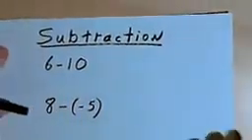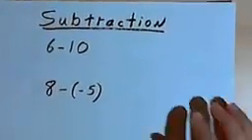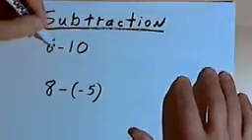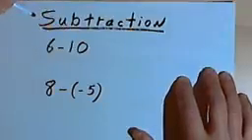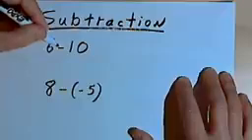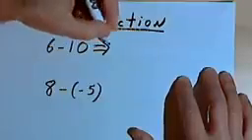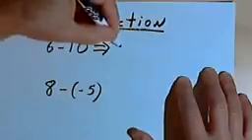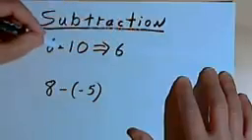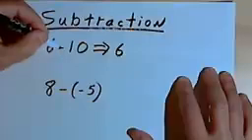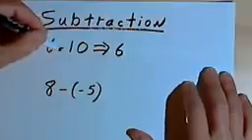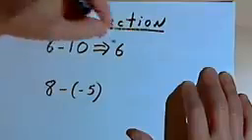Now subtraction is going to be easy once you understand addition. So here I've got 6 minus 10. What I'm going to do with this is turn it into an addition problem. Here's how. I'm going to write the 6, and then since this was a subtraction problem, I'm going to do the opposite of subtraction, which is addition.